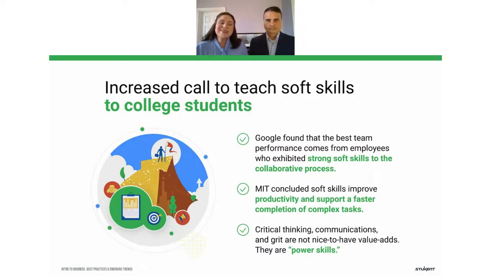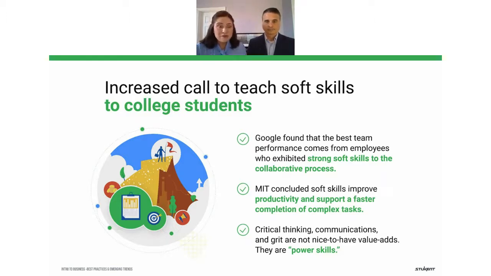Also, there is an increased call to teach soft skills to college students. We all hear it: my students sometimes cannot present, they cannot interview well. They know so much about the technical side, but what about the soft skills? Just to give you a few statistics as well, Google found in a study that the best team performance comes from employees who exhibited strong soft skills in the collaborative process.